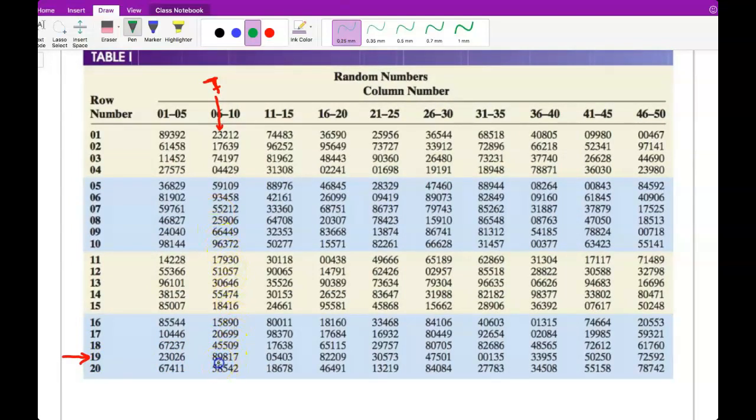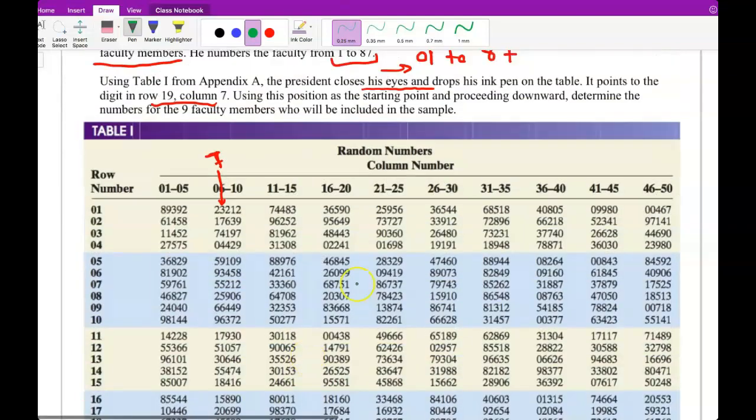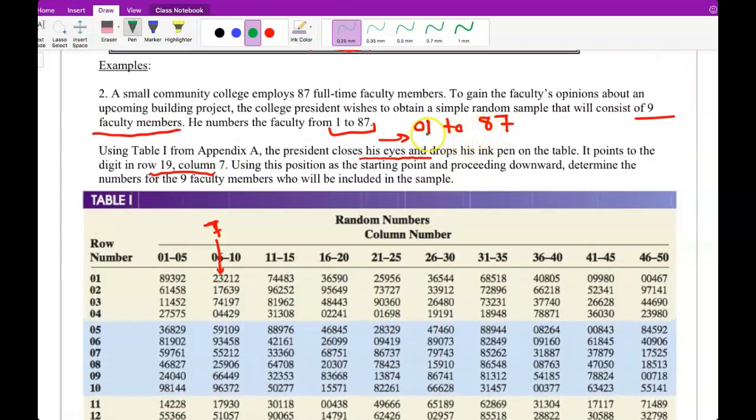This is where I should start. Since our numbers are from 1 up to 87, I shouldn't repeat, and I shouldn't accept numbers that are larger than 87.